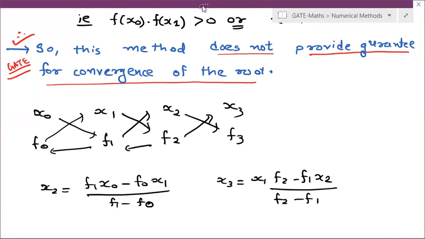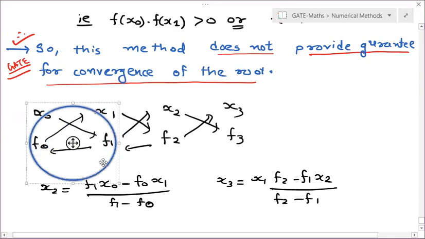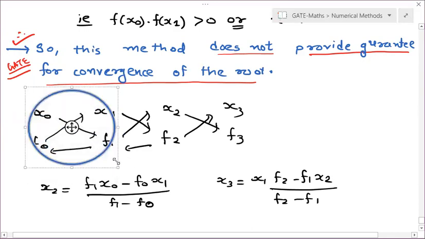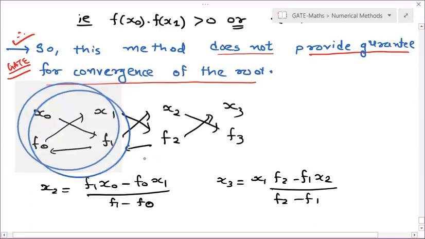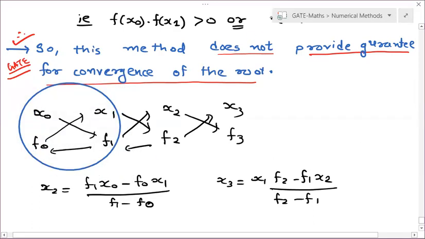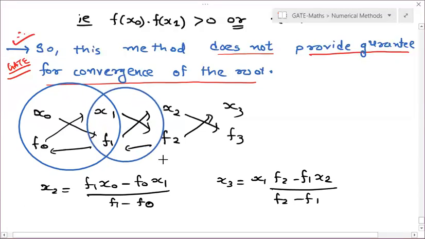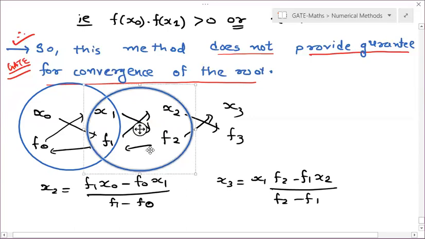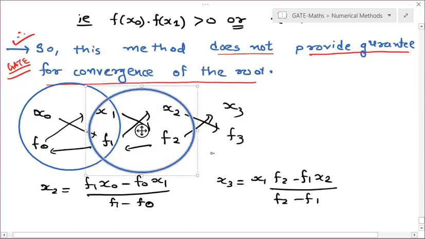So here, if you have to find its iteration formula, based on these first two, that is x0, x1, f0, f1, you can find x2. And after getting x2, you just have to write that value of x2 on the right hand side, and based on that and x1, you can find the value of x3, right? So based on x0, x1, you can find x2.